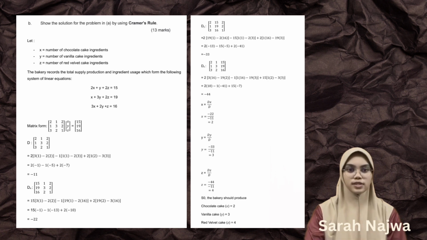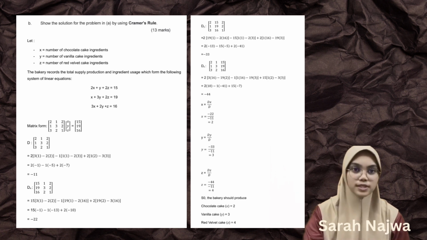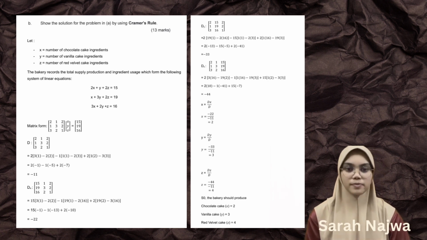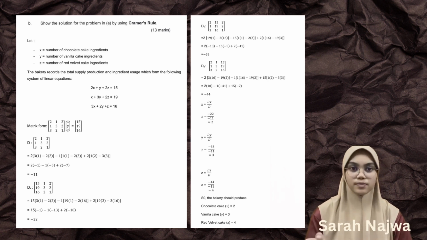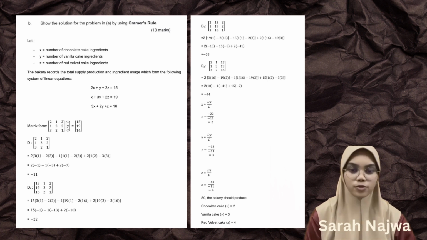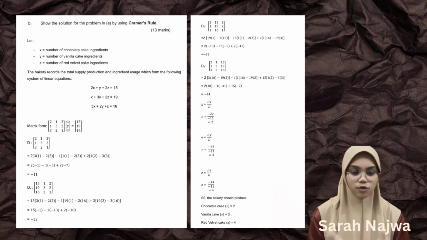A bakery produces 3 types of cake: chocolate cake, represented by x, vanilla cake, represented by y, and red velvet cake, represented by z. Each cake requires a specific amount of flour, sugar, and butter. Based on the ingredient usage of each cake, we can form the following system of linear equations.